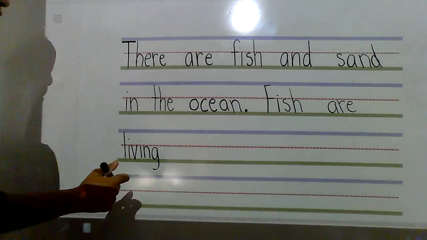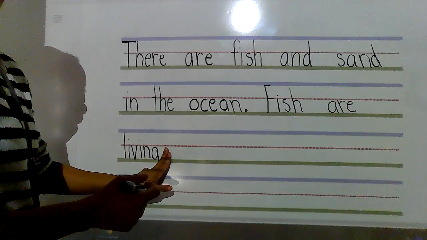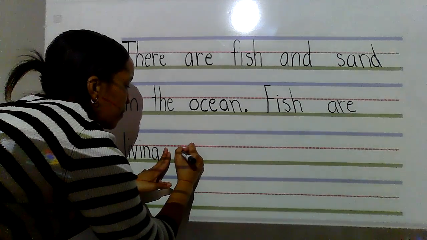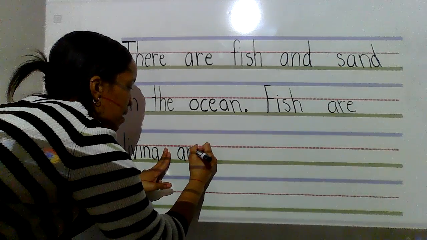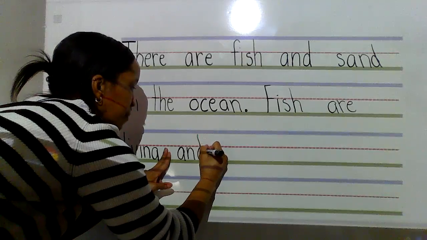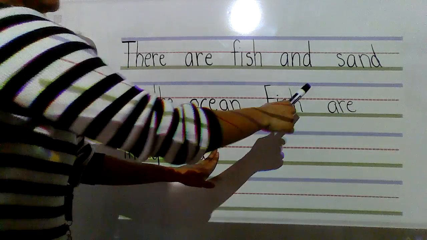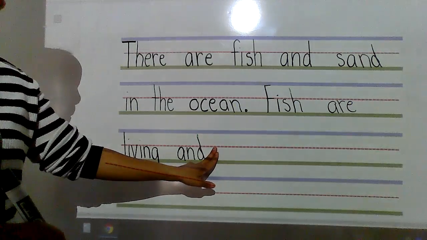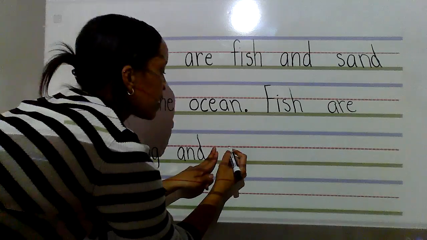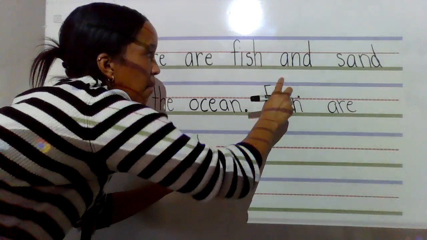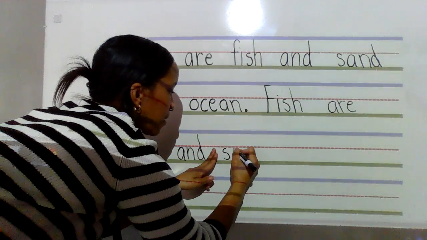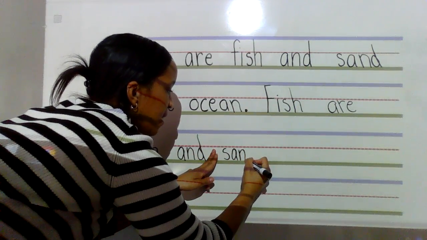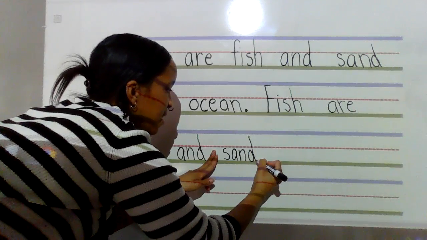Fish are living, space, and A, N, D. And it's a power word. And sand, I already sounded out sand, so I could use my sentence to help me. Sand. Remember, N is in sand, so I know it's A, N, D.